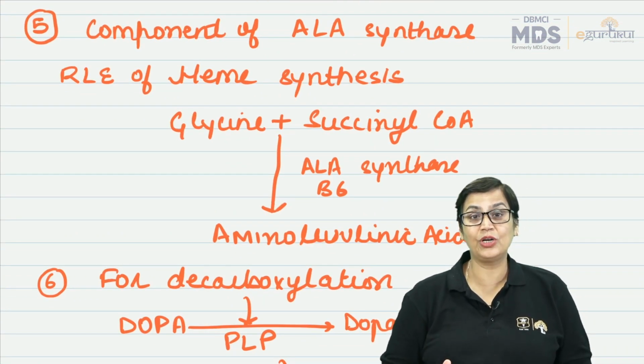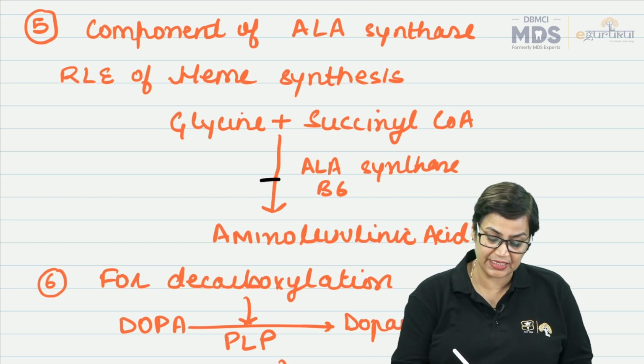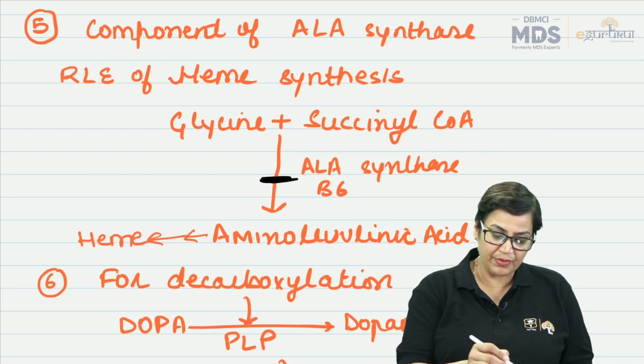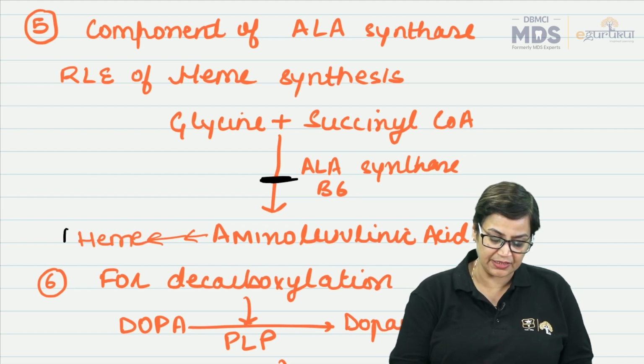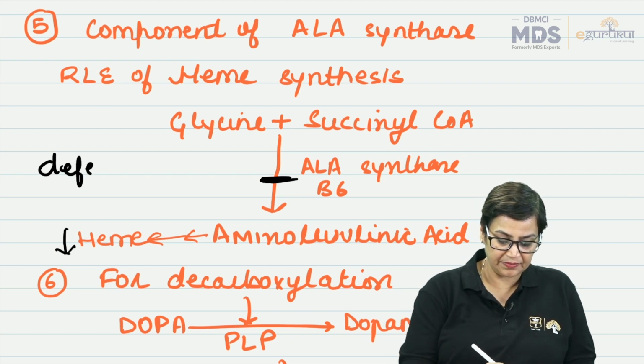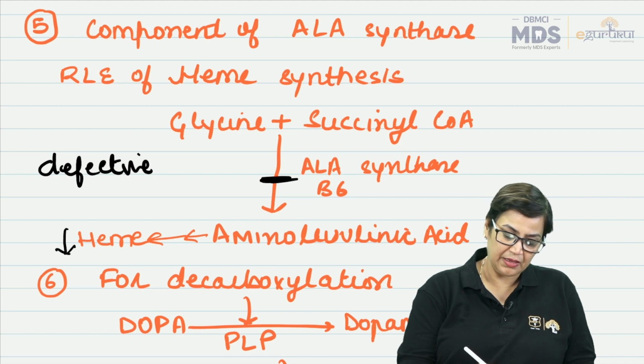Then component of ALA synthase. If we talk about component of ALA synthase, you can say if B6 is absent, I'll just write it. Actually, aminolevulinic acid is converted into heme. So if B6 is absent, heme synthesis will be defective.